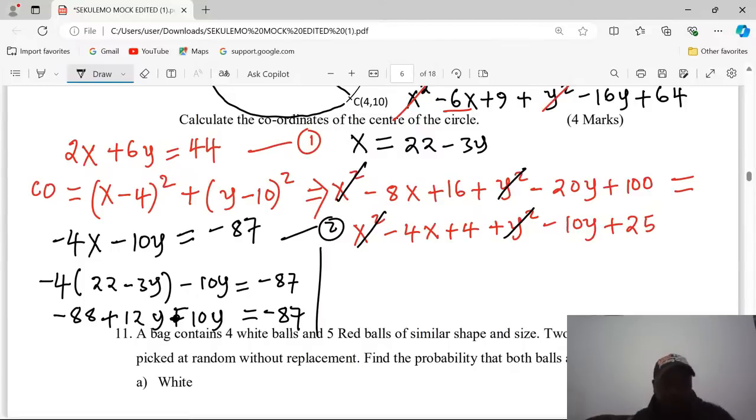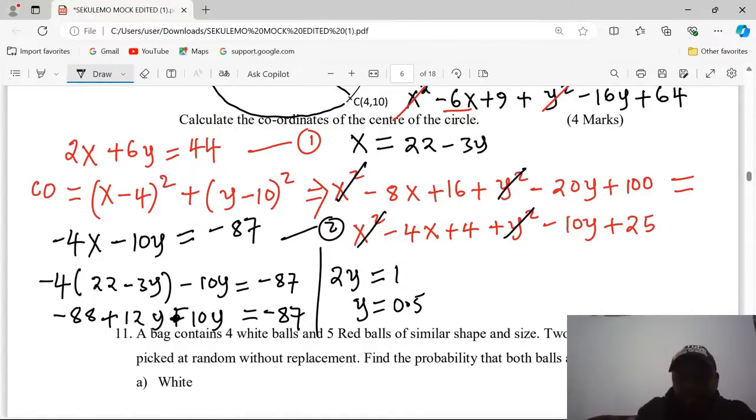So we can talk of now 12 minus 10 should give us 2y equals to, remember, you should be confirming some accuracies so that we may not make any mistake. This one we add 88, I'm getting exactly 1, and so the value of y is 0.5.